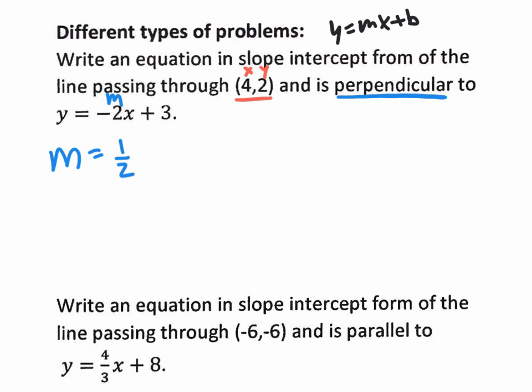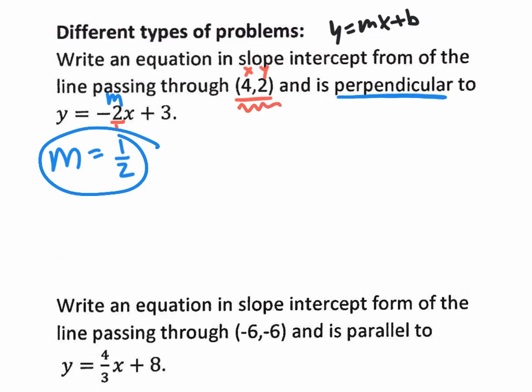Now how did I get that? Well, if they tell you perpendicular, it's not going to be the same slope. It's going to be opposite reciprocal. So if you change the sign, and the 2 is originally over 1, if there's no fraction, you could put it over 1, and then you change the sign, and then you flip it, which will become positive 1/2. So indirectly, they do give you your slope, and they do give you your point for 2.